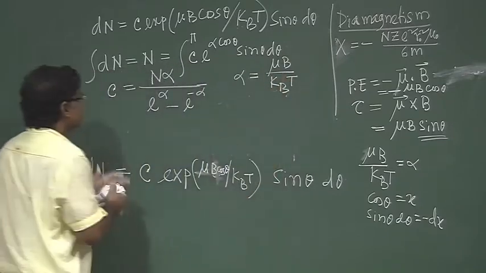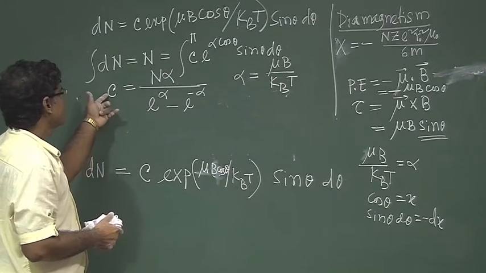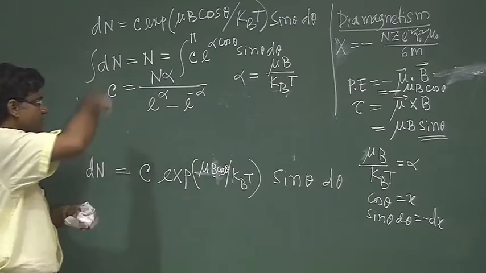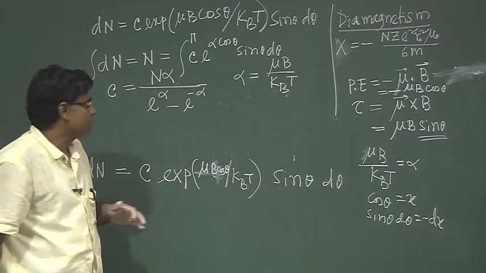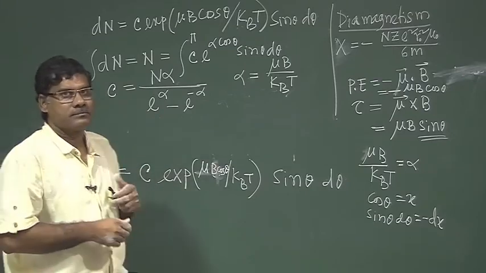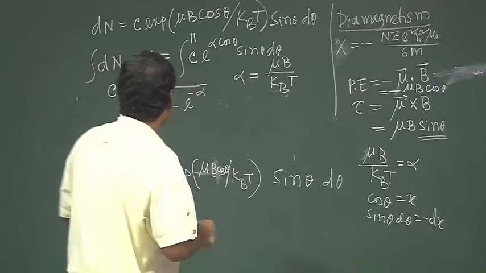So that is the constant C under the condition that dipole moments are present in all directions, 0 to pi.